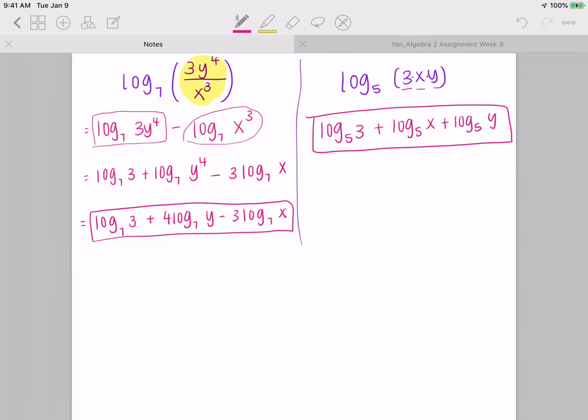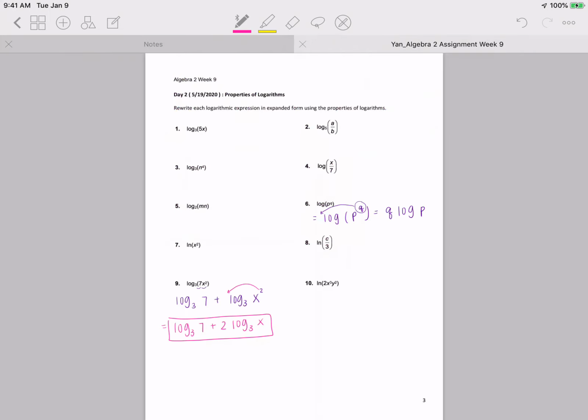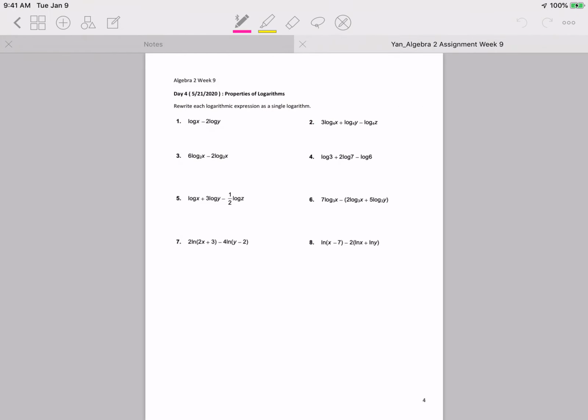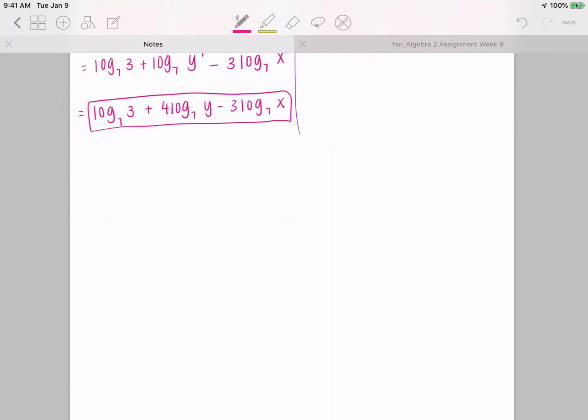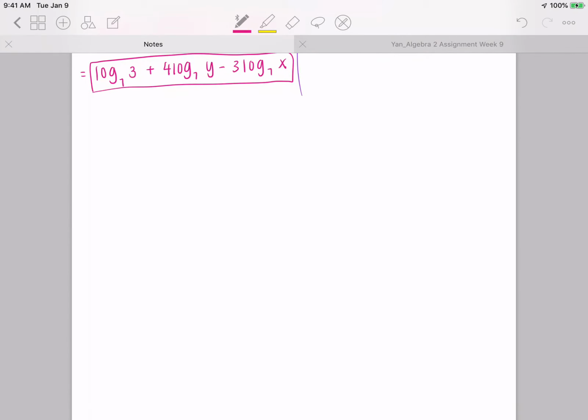I'm going to go back and go into day 4. So if you look at day 4, you're going to be rewriting each of the log expressions. It's all super expanded. We're going to be rewriting it as a single log. So we're going to put everything back together. It's like the reverse. Okay, so I'm going to show you a few examples. This is for Thursday.